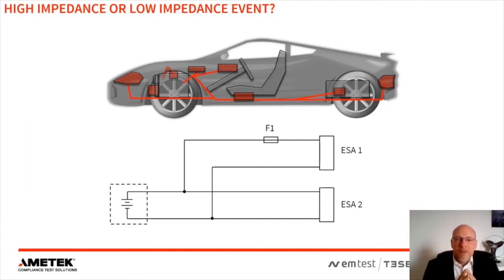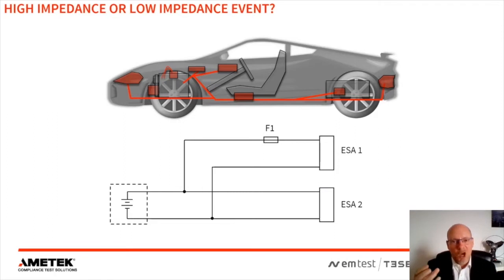On the other hand, very often people say a dip test is a simulation of a fuse blown in the vehicle. You find that written in some of the standards. So a fuse blown in the vehicle, assuming it's not the fuse that powers the device we want to test, but a fuse somewhere else in the vehicle.